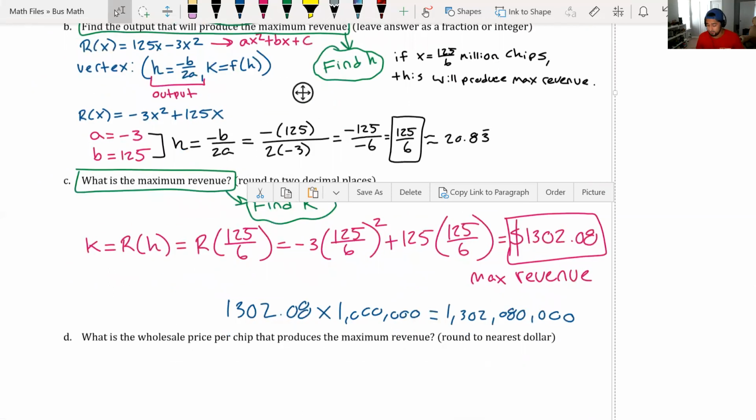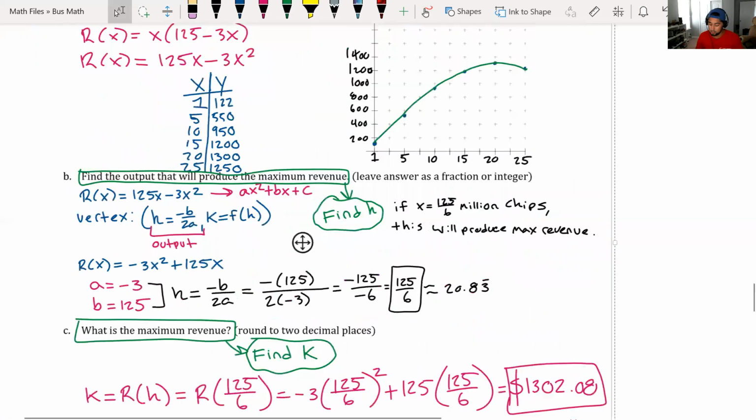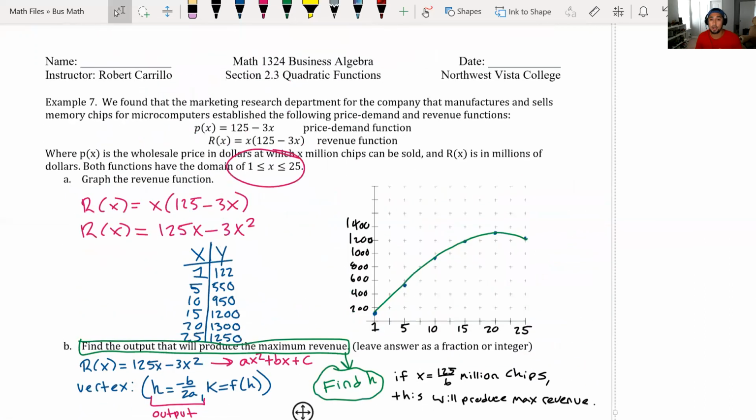H is the same as X. Let's take that H value of 125/6 and plug it into the wholesale price, which is given by the price demand function above. So we're going to use this function now and plug in 125/6. And this will give us the price we are actually selling these computer chips at.